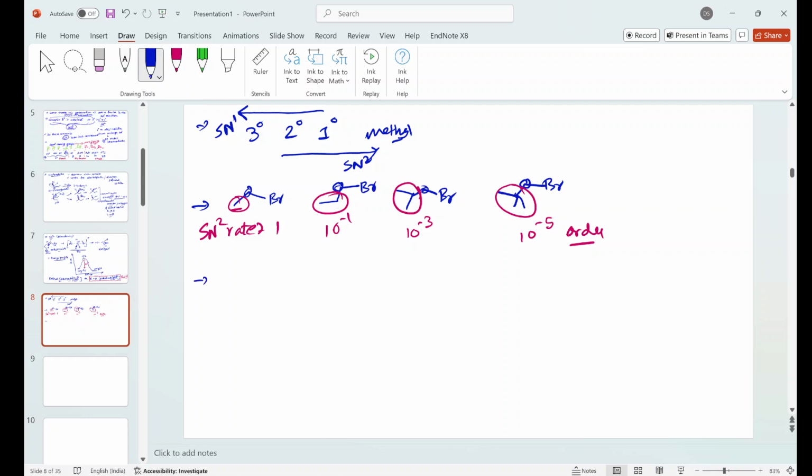For the same reason, vinyl groups or any leaving group attached to a double bond doesn't undergo SN2 mechanism.